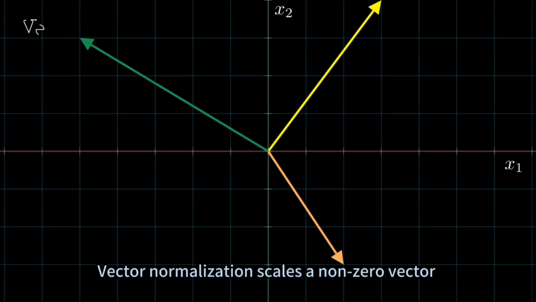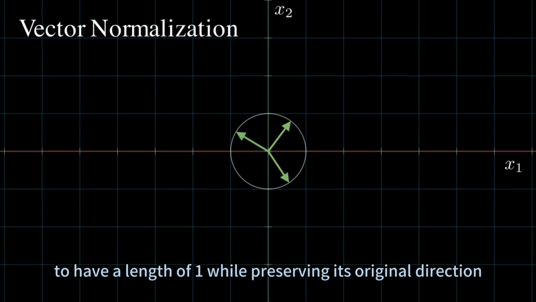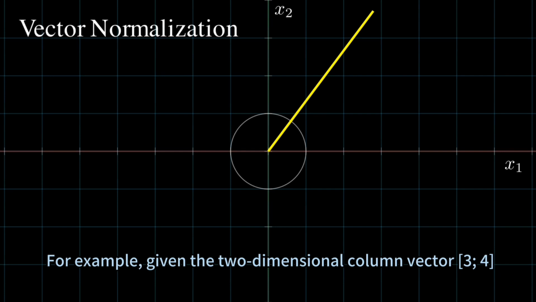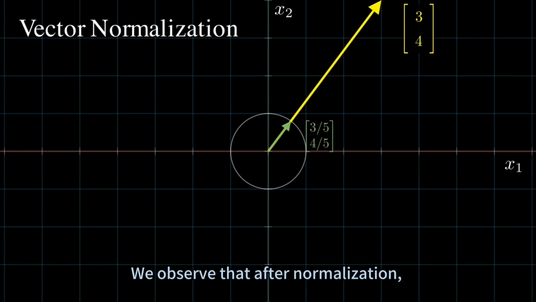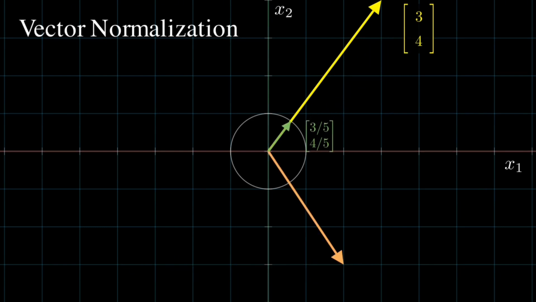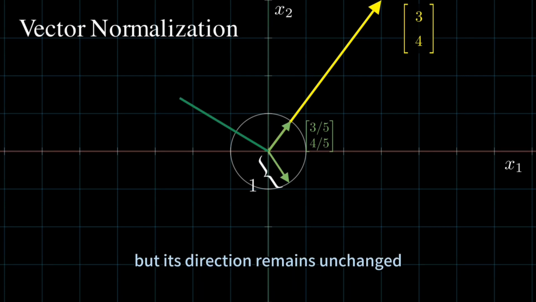Vector normalization scales a non-zero vector to have a length of 1 while preserving its original direction. For example, given a two-dimensional column vector [3, 4], its unit vector is [3/5, 4/5]. We observe that after normalization, the vector's length becomes 1, but its direction remains unchanged.